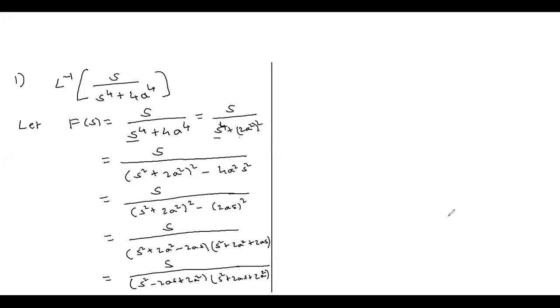Okay, now how can I rewrite this further? Finally, the idea is to find the inverse Laplace transform, right? So how do we write this into an inverse Laplace transform? Before that, we need to do some more modifications. Now s square minus 2as plus 2a square, I can write it as s square minus 2as plus a square plus a square, that is, s minus a whole square plus a square.